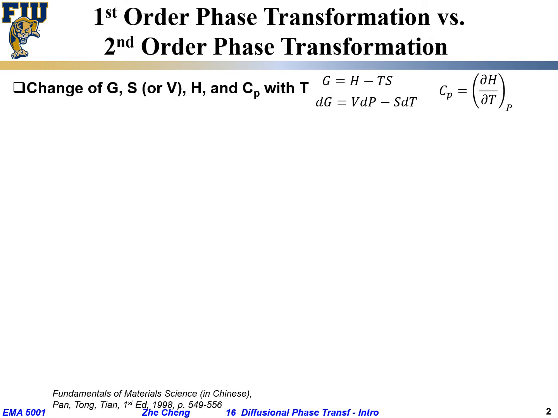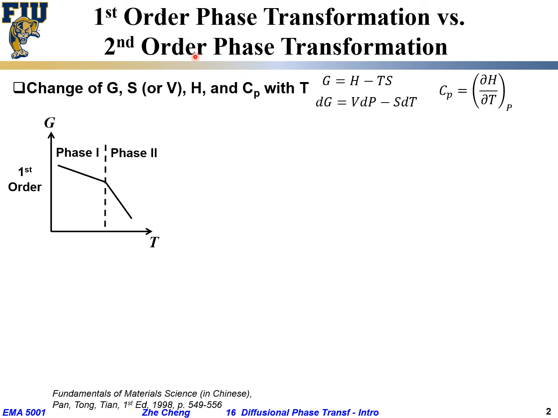So here, let's compare the change of Gibbs free energy, entropy, the enthalpy, which is the heat, and heat capacity with respect to temperature for both first order phase transformation and for second order phase transformation.